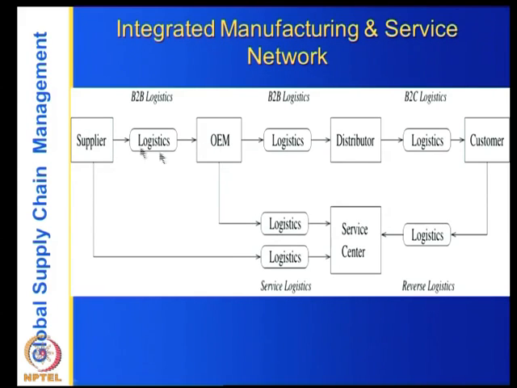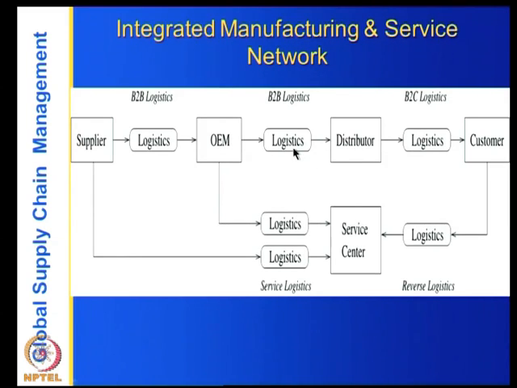But from the supplier to the OEM, or original equipment manufacturer, there is what is called inbound logistics, or B2B logistics, business to business logistics, that is involved. And from the manufacturer the products go to the distributor, from the distributor to the customer via the retail outlets. Now, there is a logistics that is involved because the material has to move from the manufacturer to the distributor.